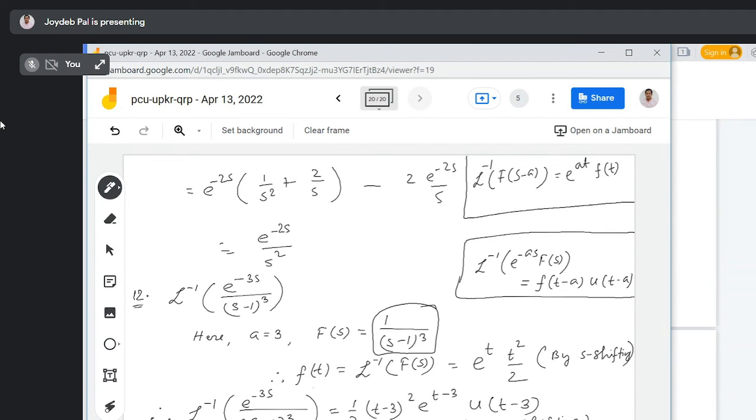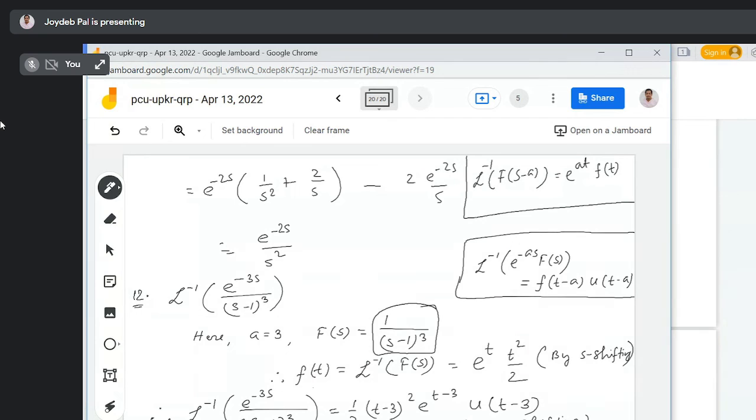बोलो, क्या डाउट है बोलो. अगर ये समझ गए हो तो मतलब you can solve all types of problems. सर लास्ट वाला लाइन समझ में नहीं आया. लास्ट वाला, यस. तो Laplace inverse of e to the power minus as into F(s), that is the form by t shifting, right?